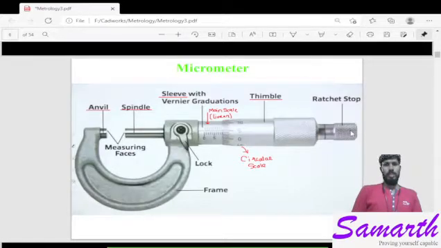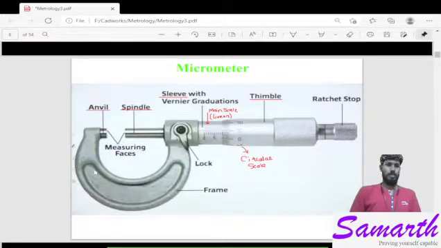This is the rough portion where a knurling operation is done. It is called the ratchet. Once you hold a job inside between the anvil and spindle, and keep on rotating this thimble, once the job is held firmly and no further movement is possible, then this ratchet will start making some noise, like a tick tick sound.